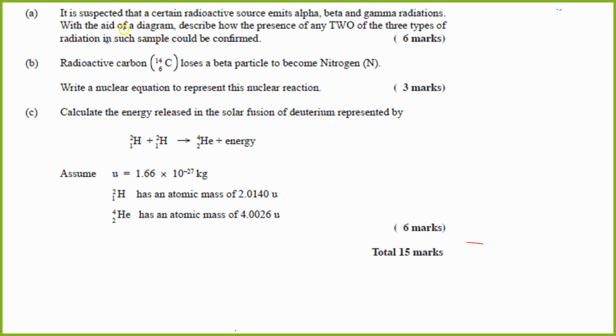Now, there are three main radioactive sources, in a sense, that we can talk about whenever a radioactive substance goes through the process of decaying.